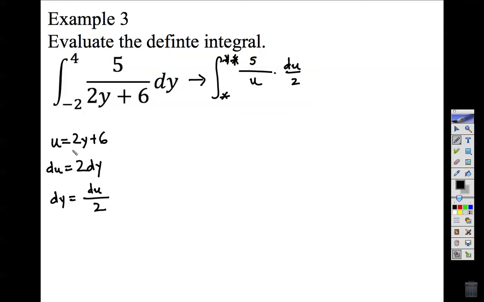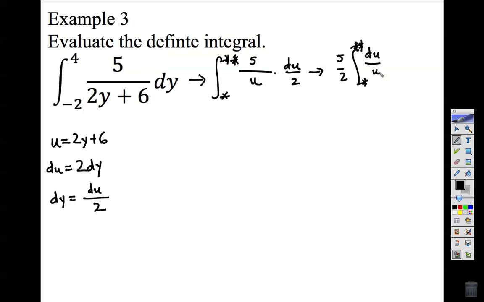This is going to remind me to bring back everything to y. So 5 and 2, I am able to factor that out. So I end up having this here. Let me write this down here because there are limits.